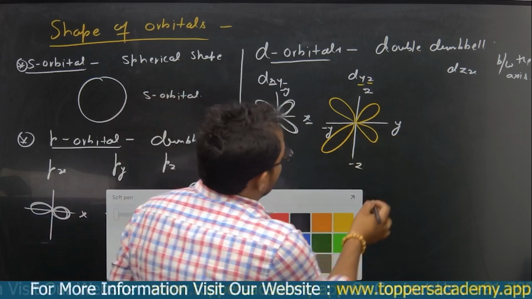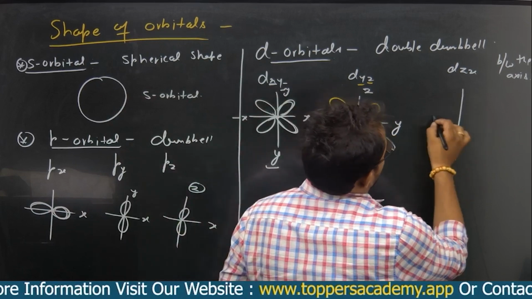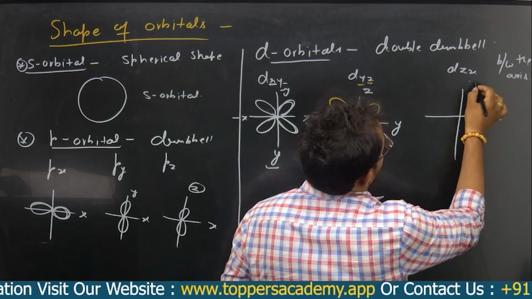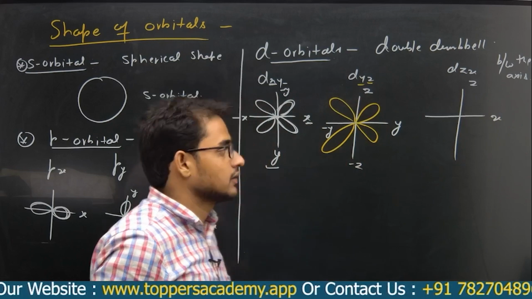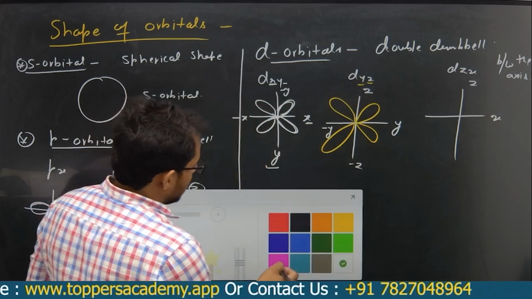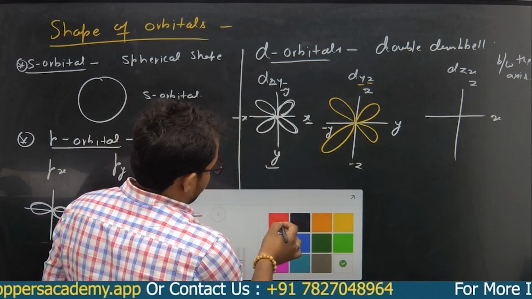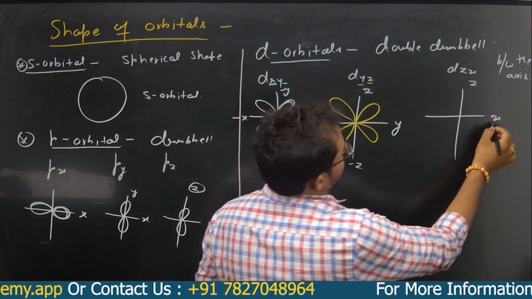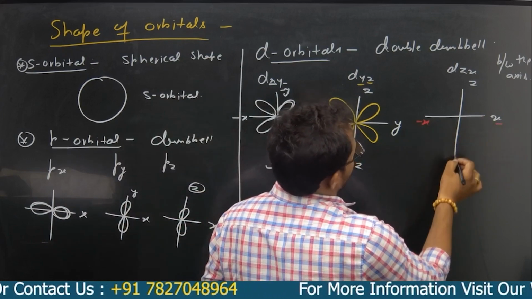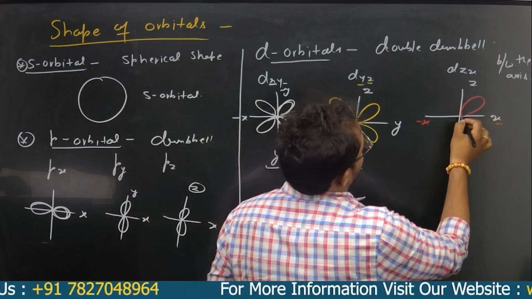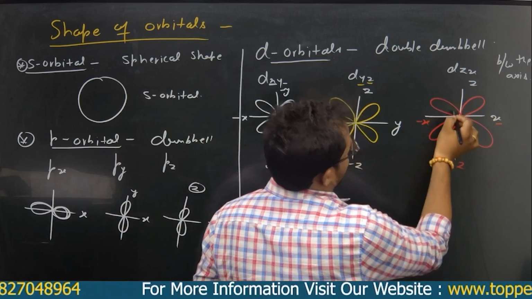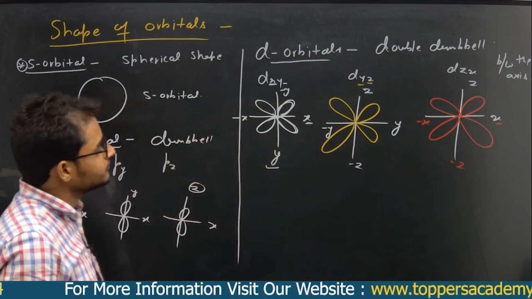Now I take this as the x axis and this as the z axis, right? If it is x, it will be minus x, and minus z, between the xz axes. xz, right?